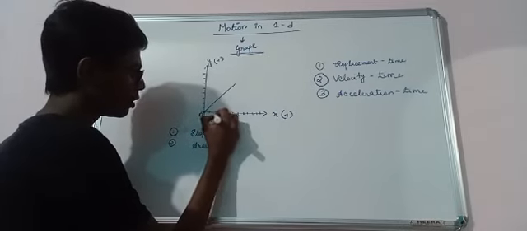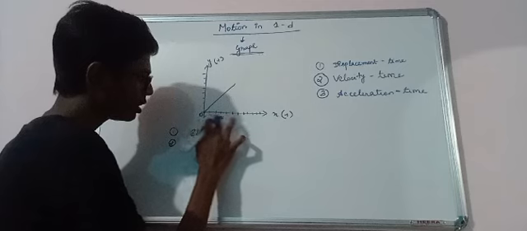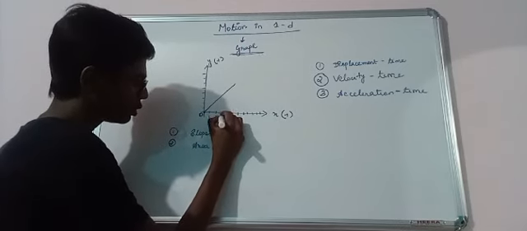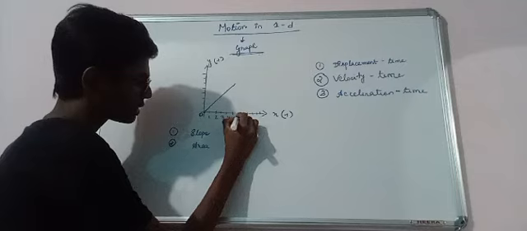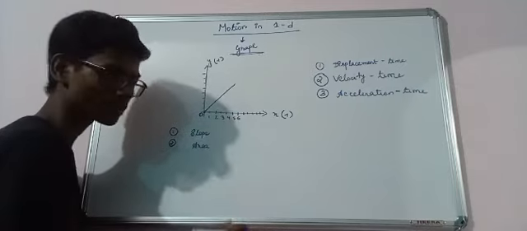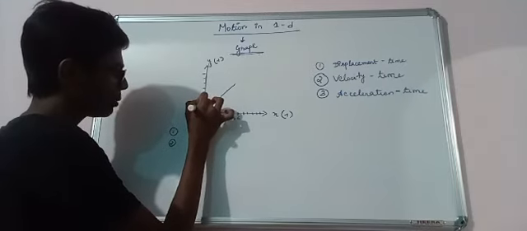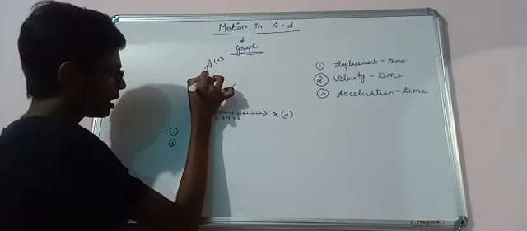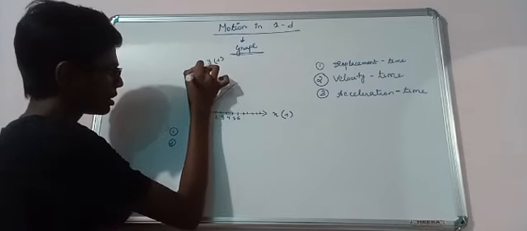Starting from 1, 2, 3, 4, 5, 6 and so on. Here let it be 2, 4, 6, 8, 10, 12, 14, 16.